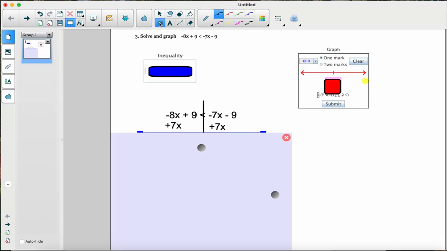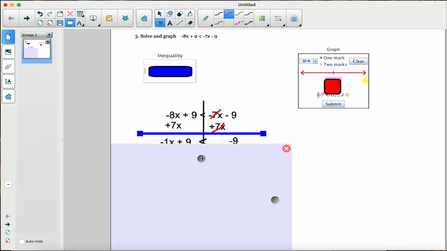And again, notice what happens. So this here, negative 7x cancels out. All right. And we perform the operation, negative 8x plus 7x, that gives us a negative 1x. So we bring down that 9, bring down our inequality is less than, bring down the negative 9.